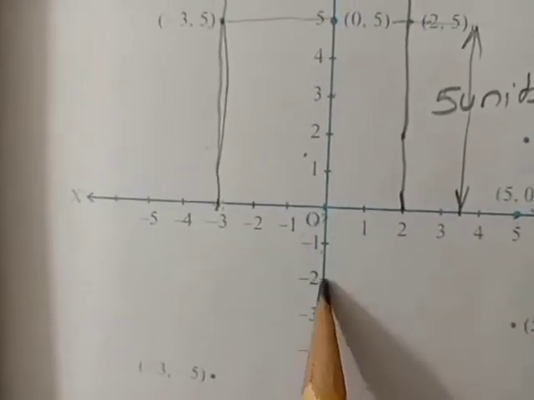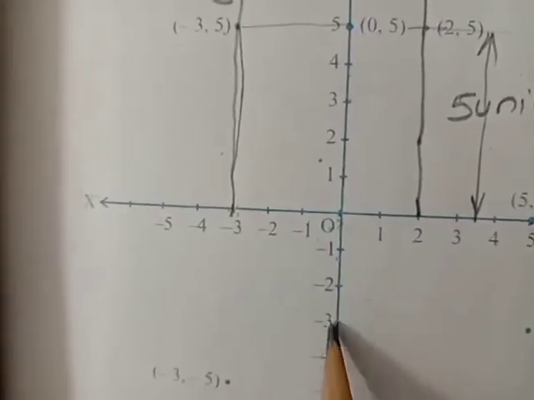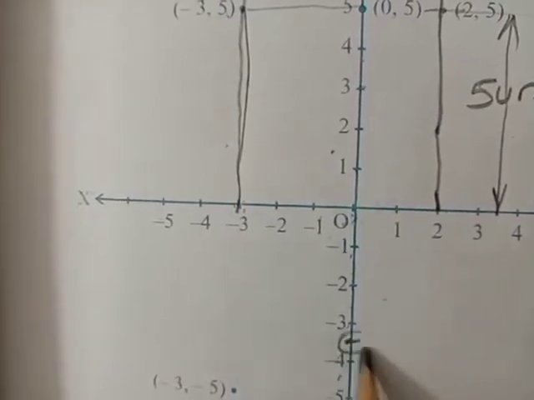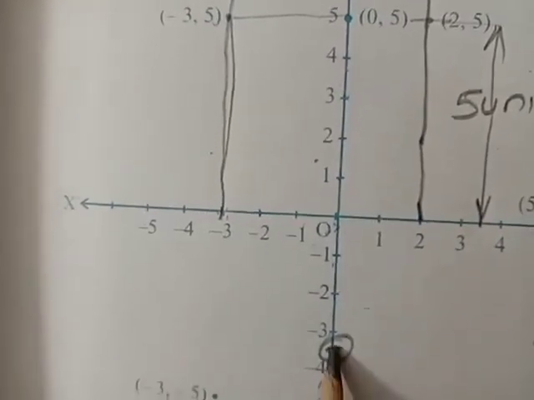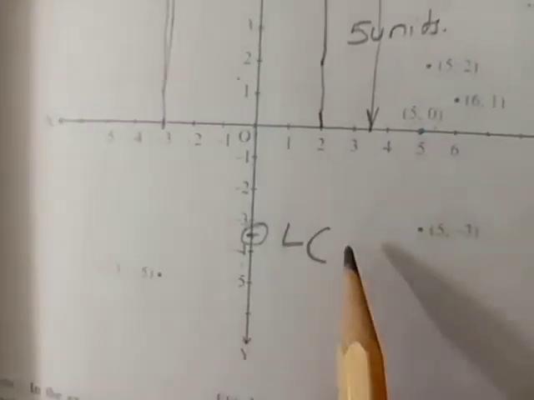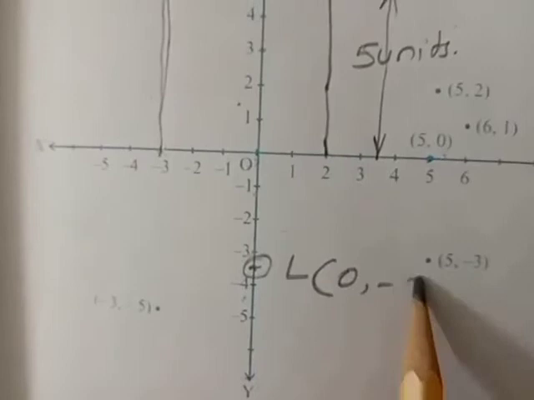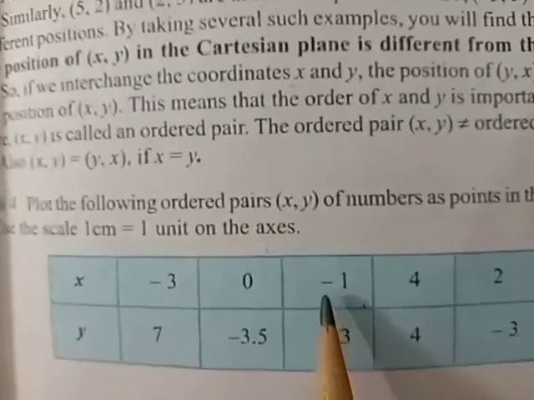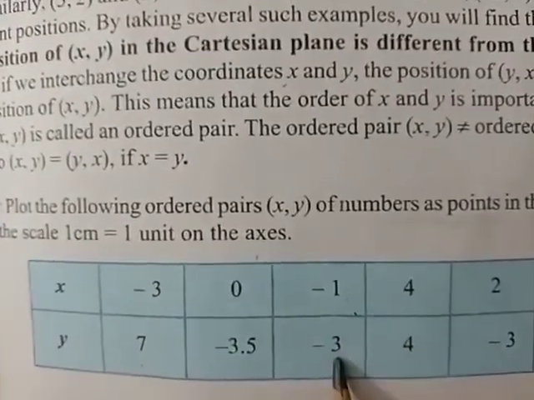So how will you plot it? 1 unit, -1, -2, -2.5, -3, -3.5. So this is -3.5. You can call this point L, and you have to name the coordinates as (0, -3.5).